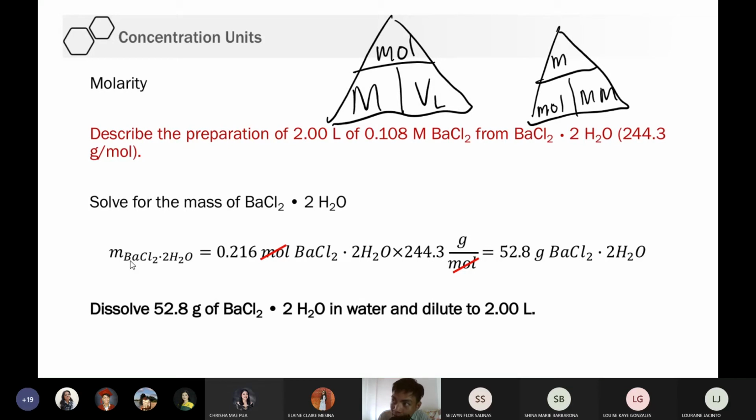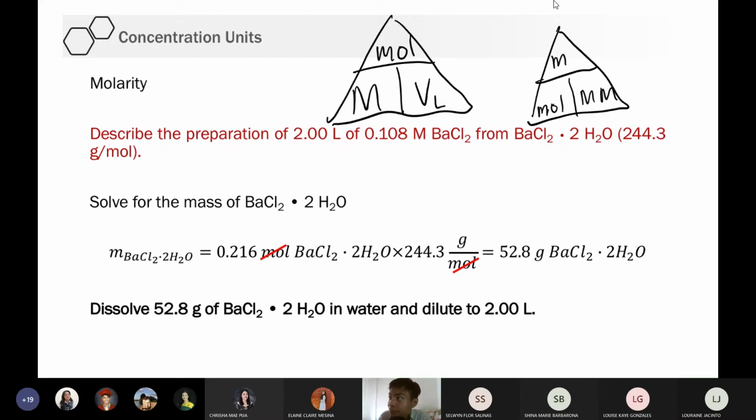So yan, to solve for the mass of the barium chloride dihydrate, we multiply the moles given earlier with its molar mass shown here sa problem. Okay, so just multiply them and then you'll see you need 52.8 grams of barium chloride, 2H2O, and then you will dissolve it with enough water up to 2 liter mark.